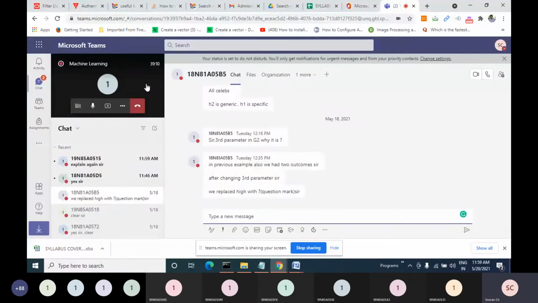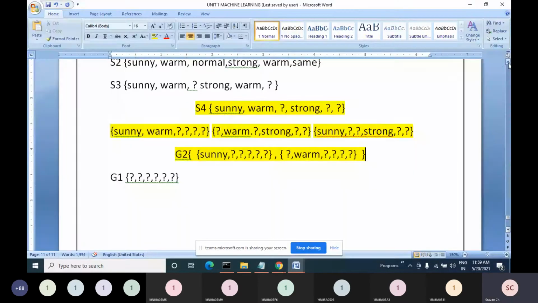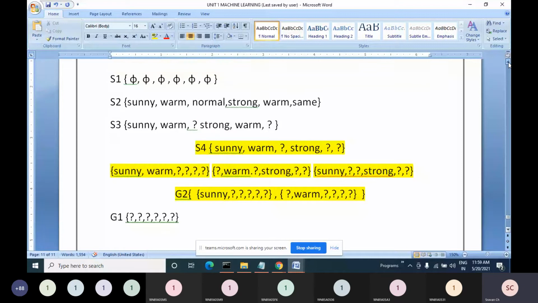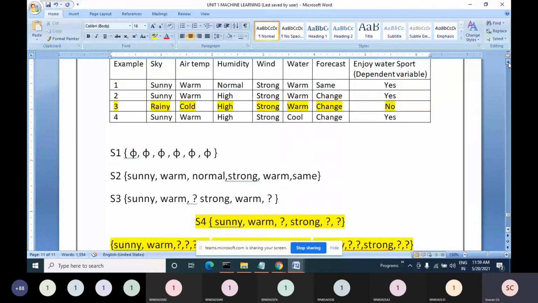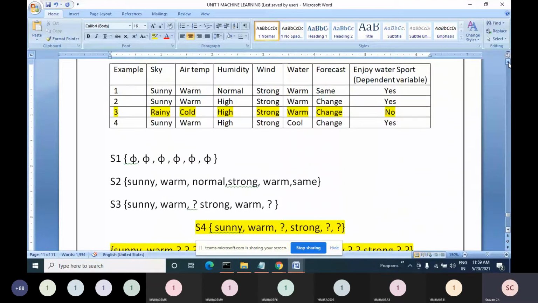Explain again. Yeah. Please listen carefully. See, I have 4 records. In that, this is my outcome. Outcome means what? My friend will go for enjoying a water sport based on some conditions, right? What are the conditions?